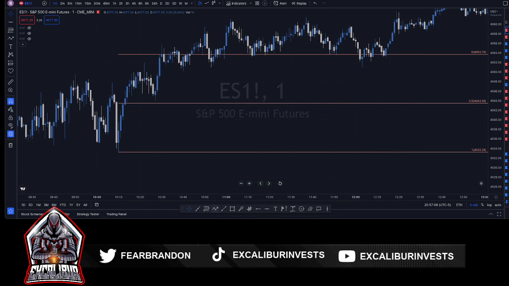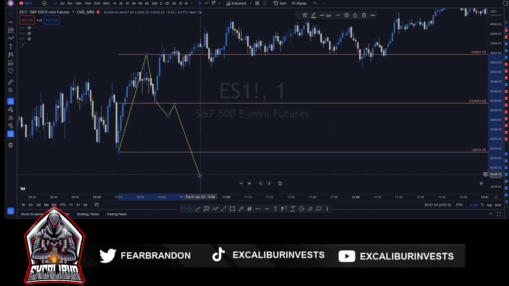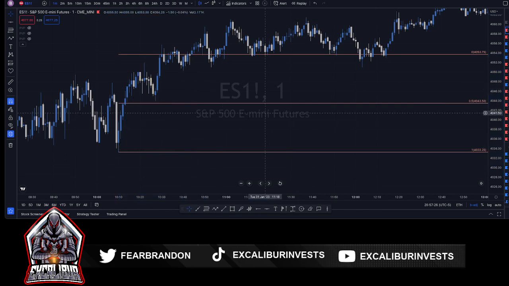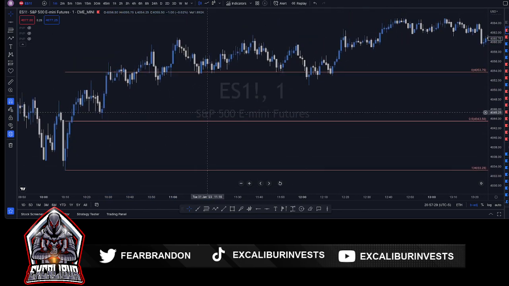Yesterday, we had our down day, and what I did was our initial balance was like this. We opened up 10:30 right here. We broke below, tested, and then went down. So I used that resistance as the initial balance mid to grab plays on the way down. But what I like to say is if we're able to hold initial balance high, we should have a trend day up.